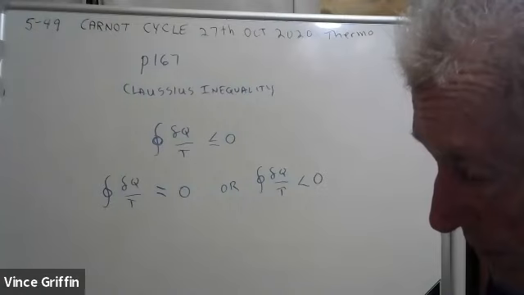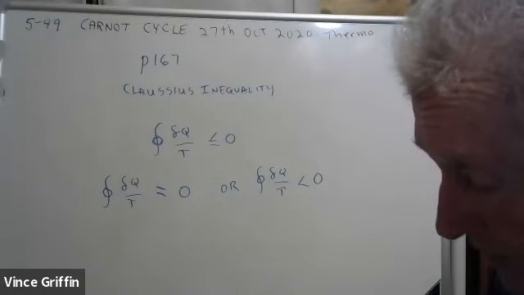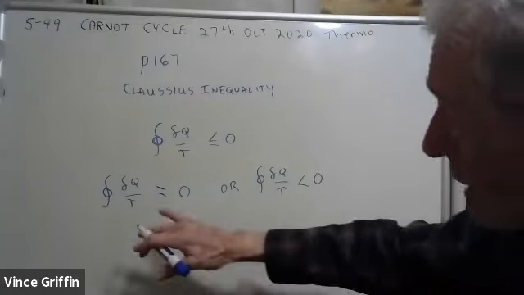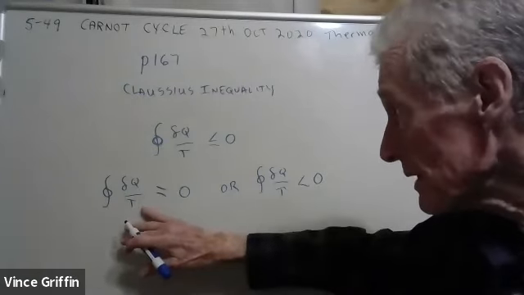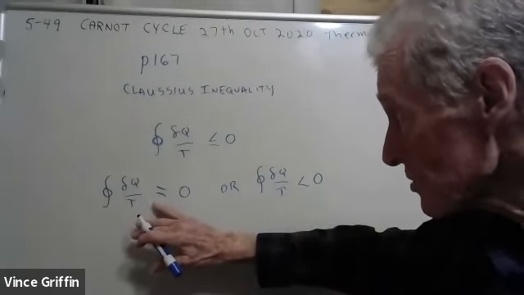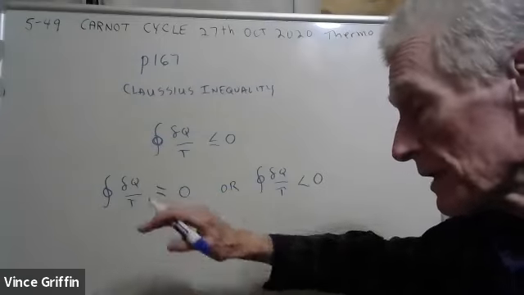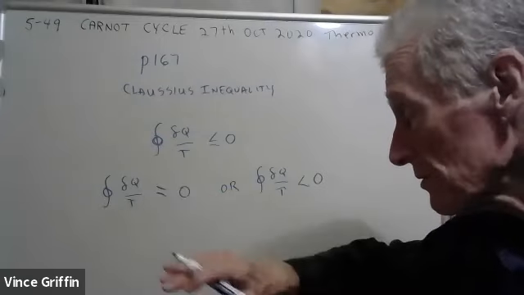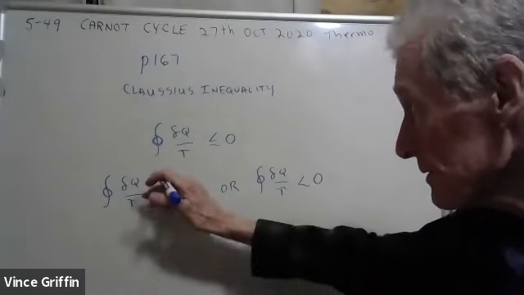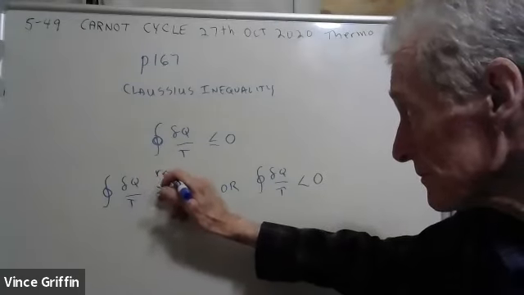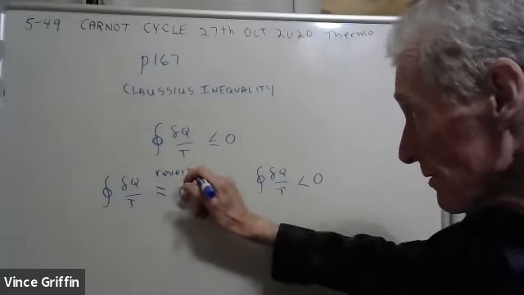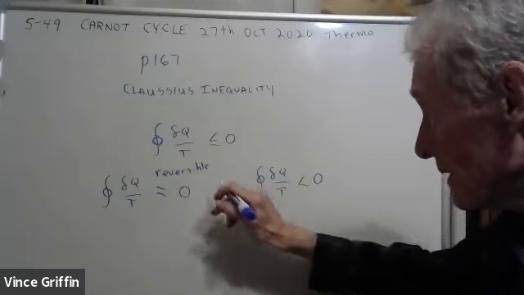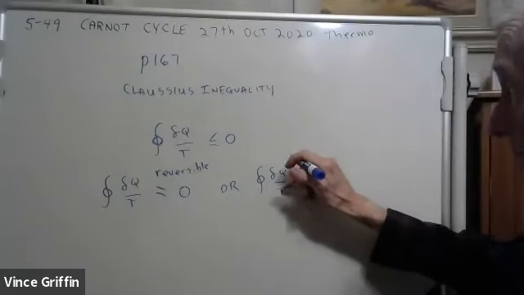Now on our Carnot cycle we just did, it would be one of these. This would equal 0. This is what you get if you have a reversible cycle, a cycle that runs perfect. This is a reversible cycle. This is an actual cycle.